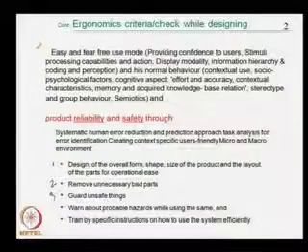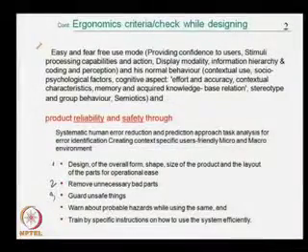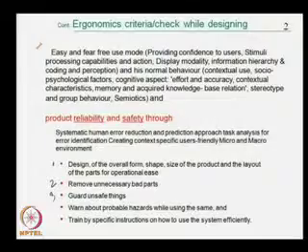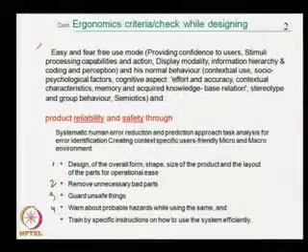Third, if we cannot remove all the bad parts, then at least try to give a guard to that. Now, how can we give a guard? There are many theories, many possibilities. Number 4 is to warn about probable hazards while using the same.